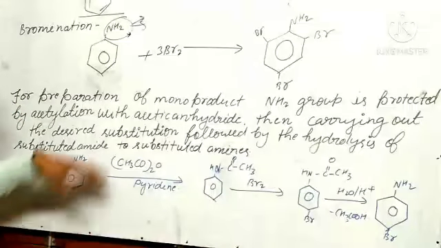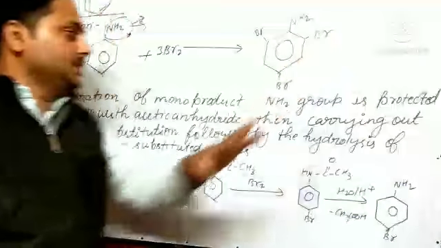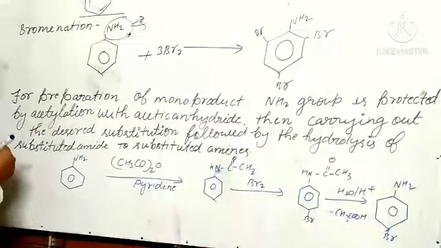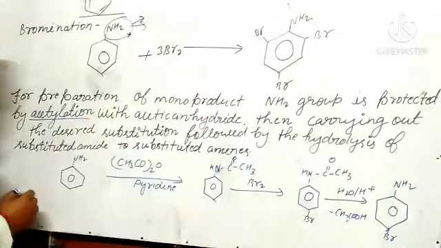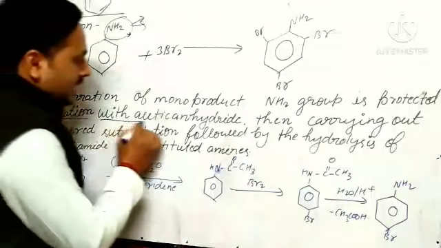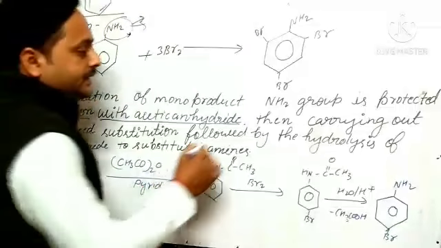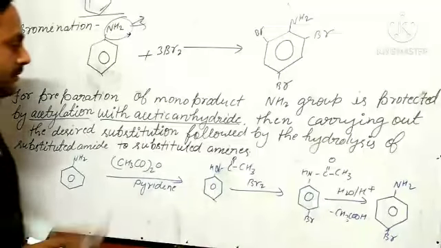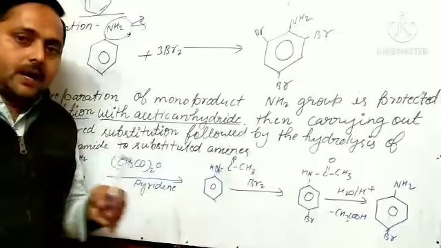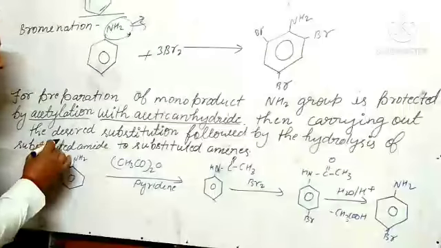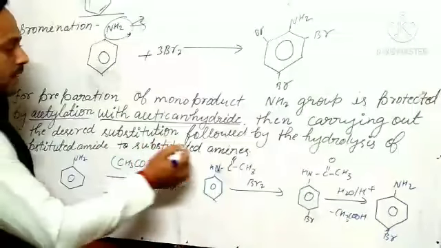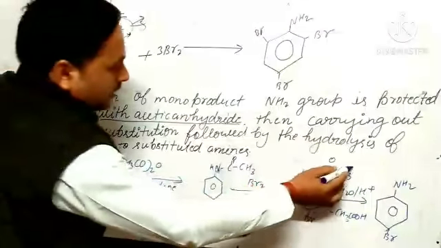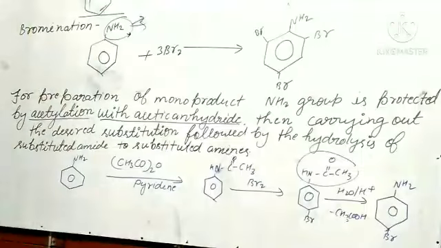For preparation of the monoproduct, the NH2 group is protected by acetylation, by which it is protected with acetic anhydride. When we protect it, then we can carry out the desired substitution, followed by the hydrolysis of the substituted amide to substituted amines.